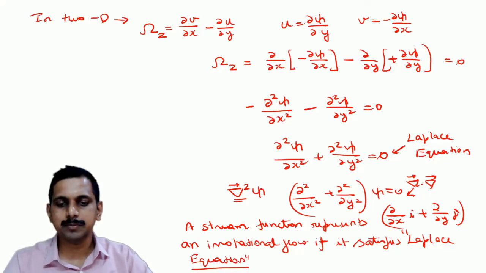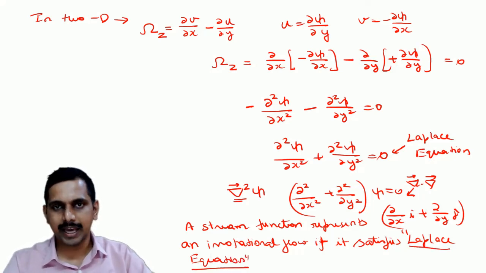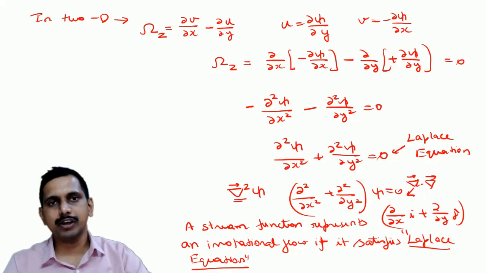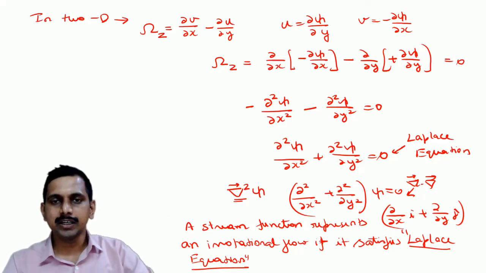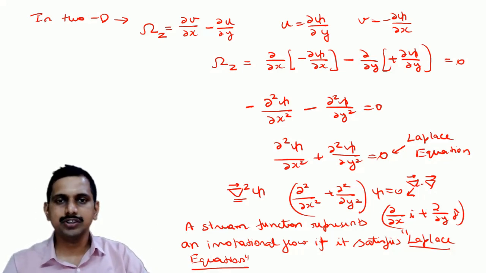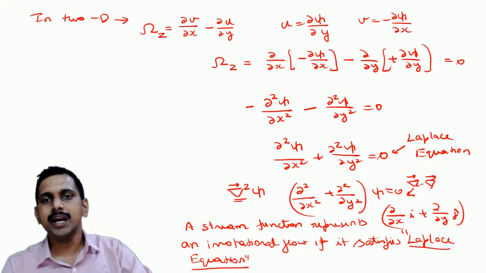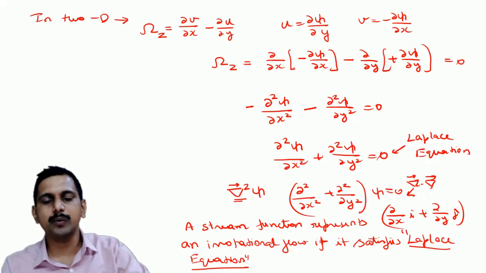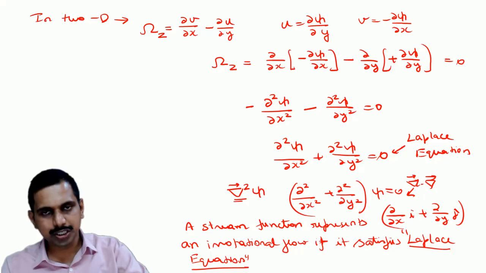Very important, it has been asked in a number of exams. They will give you a stream function and ask whether the flow is rotational or irrotational. Just put it in the Laplace equation, and if it satisfies the Laplace equation, then it is irrotational. If it does not satisfy, it is rotational.